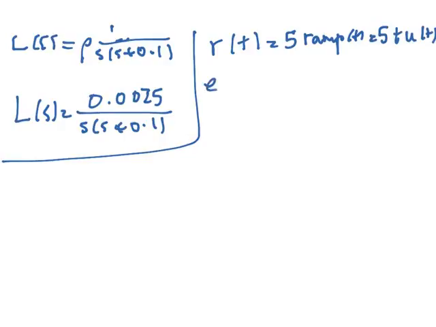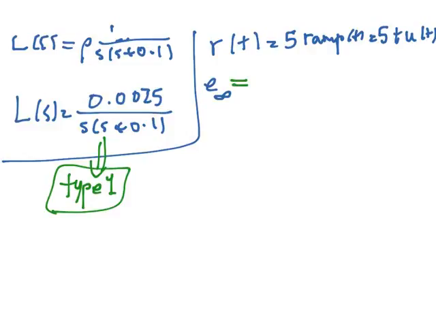If you want to calculate the steady state error of the system for the input type of ramp, since our system in this case is of type 1, because we have one pole at the origin, we can say that E infinity for r equal to ramp will be equal to 1 over kv, in which kv is equal to limit of s times ls when s goes towards 0.